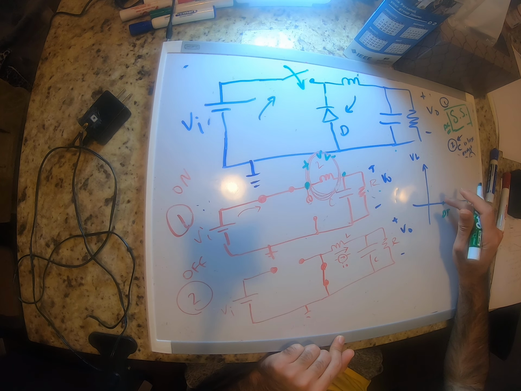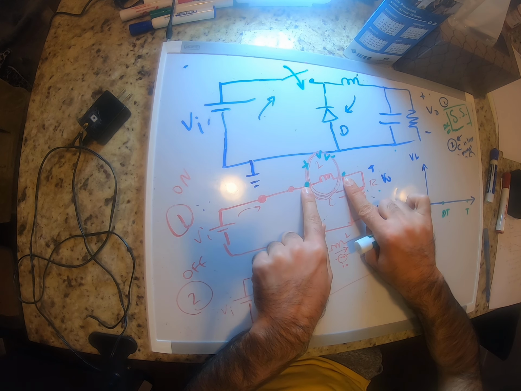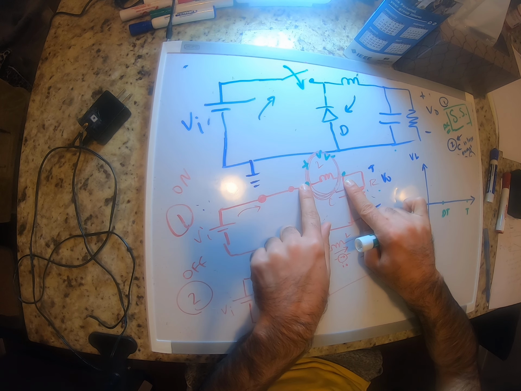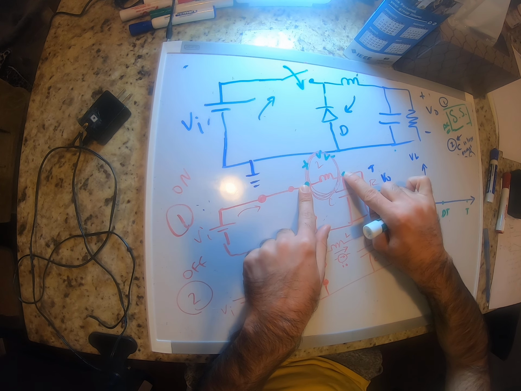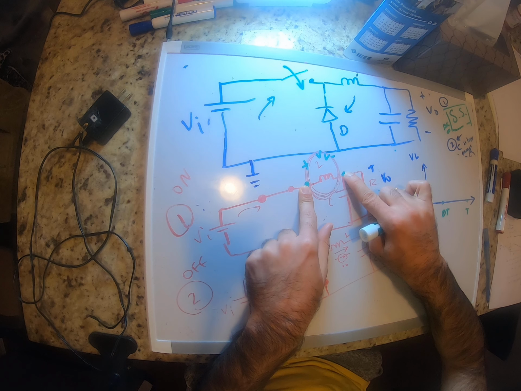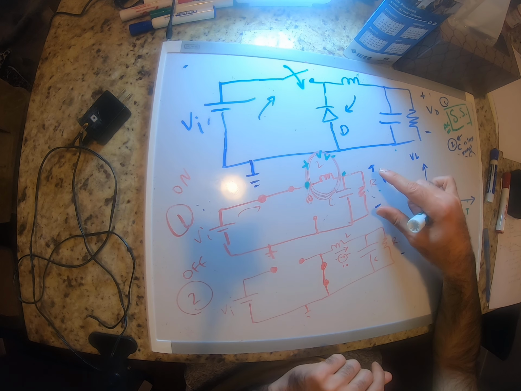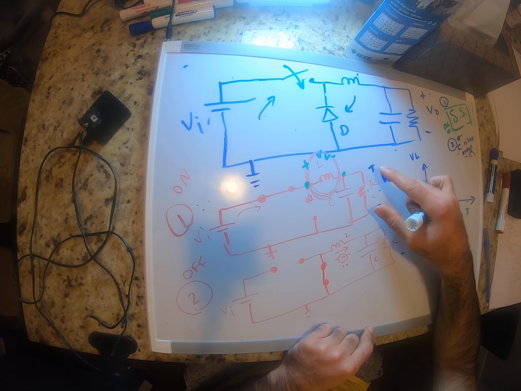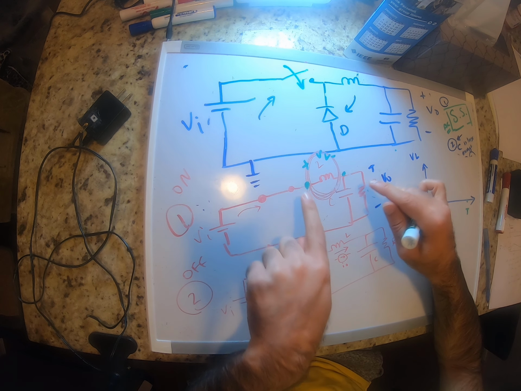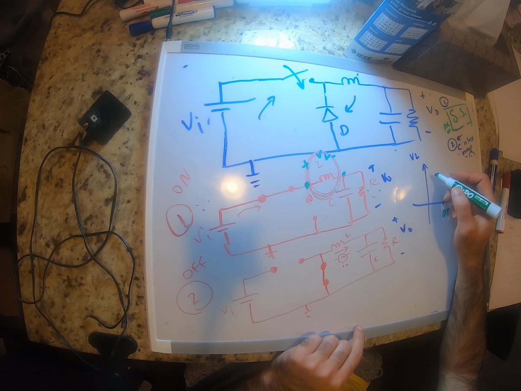When the switch is on, the voltage across the inductor is VI at this node and VO at this node. And this is a buck converter or step-down converter, so VI is bigger than VO. We're going to see why that's the case, but right now, VL is going to be VI minus VO.